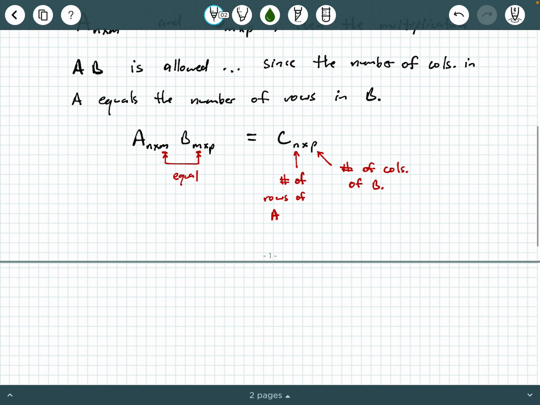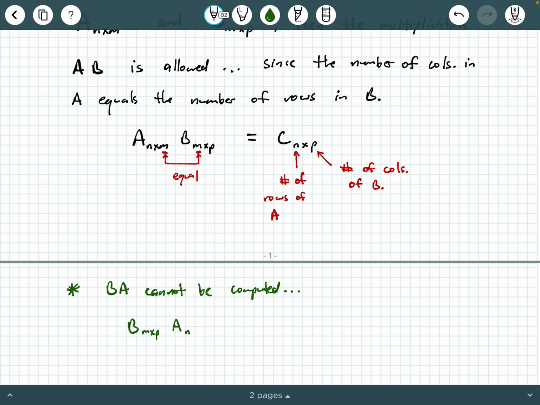We're going to say note for this particular illustration, BA cannot be computed. And again, here's how you can look at it. B was a size M by P, times A, put them next to each other.